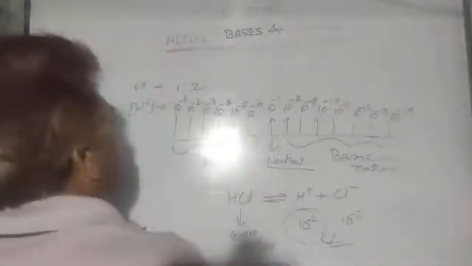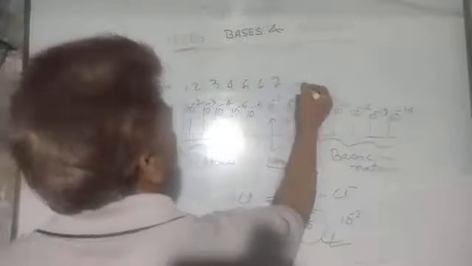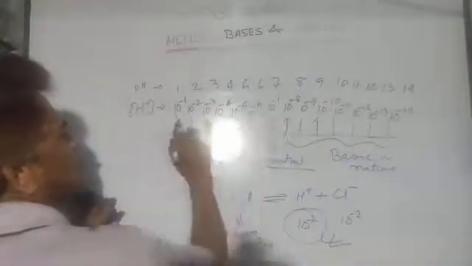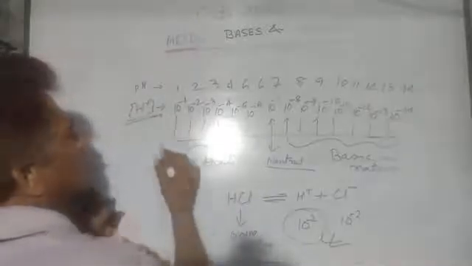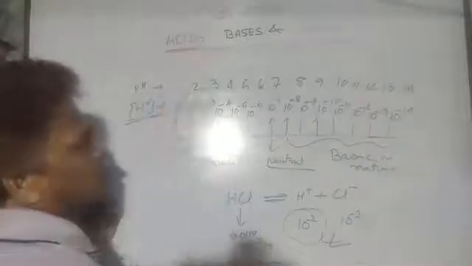Likewise you can write here 3, 4, 5, 6, 7, 8, 9, 10, 11, 12, 13 and 14. So here in the pH scale, this data indicates the hydrogen ion concentration, but the data 1, 2, 3, 4 is the pH value.